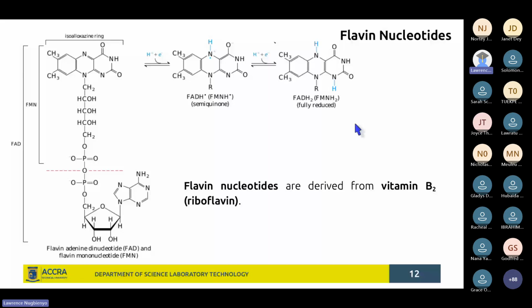So you find a lot of these enzymes in the liver, which are flavoproteins. You have the flavin nucleotide tightly bound to these proteins, and they are involved in the transfer of electrons.